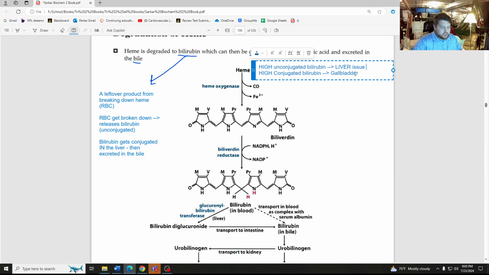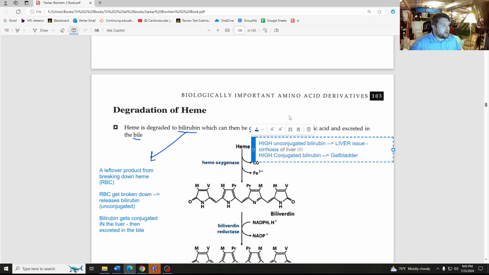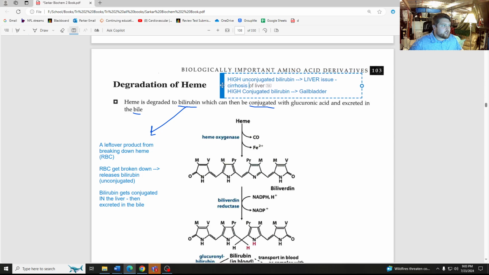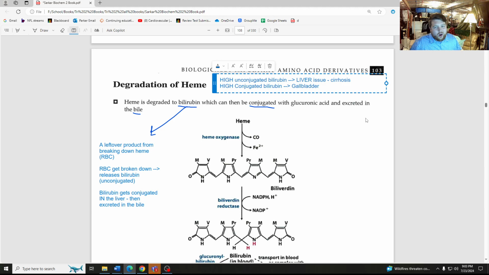Liver issue, especially something like cirrhosis of the liver. Cirrhosis literally means scarring of the liver. So stuff like alcoholism can really damage the liver, where then we would have high unconjugated bilirubin.